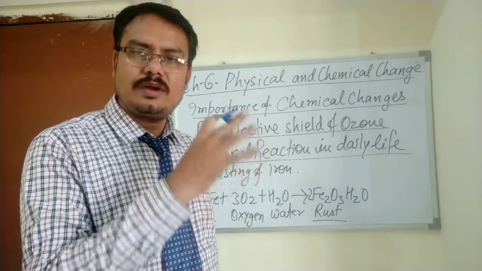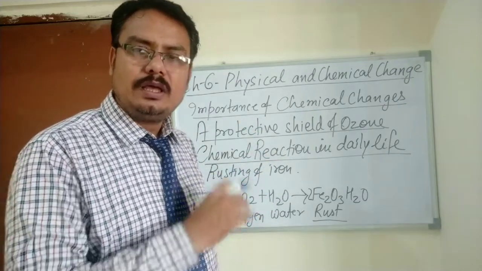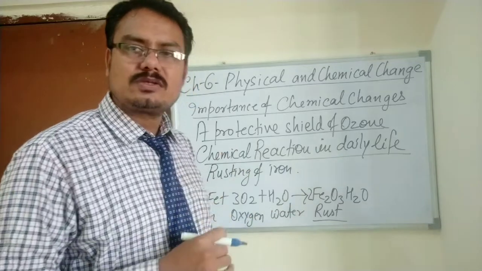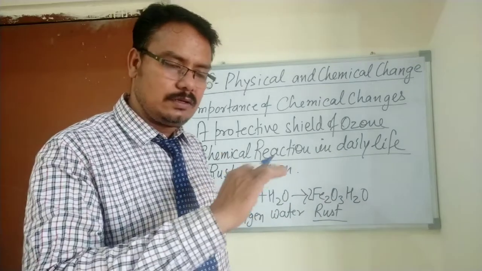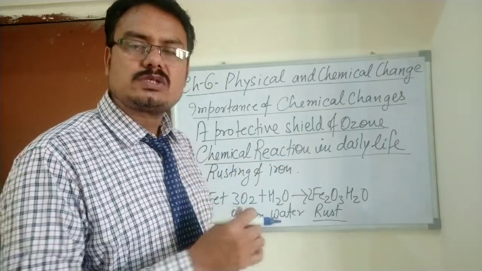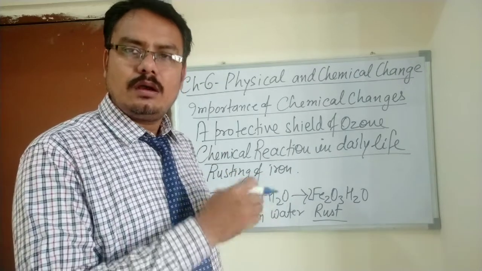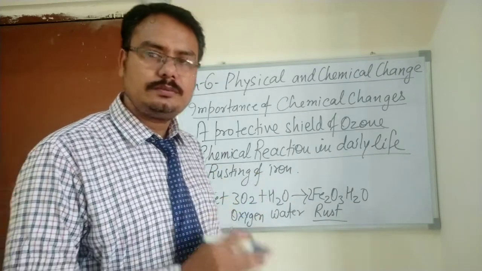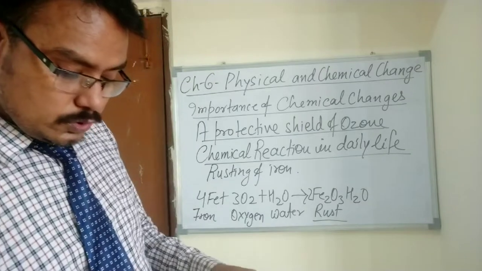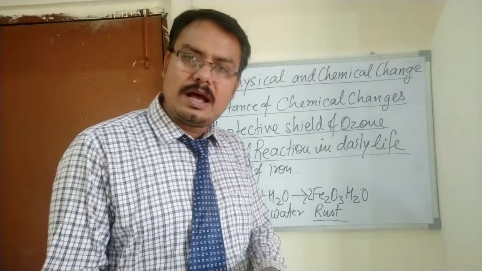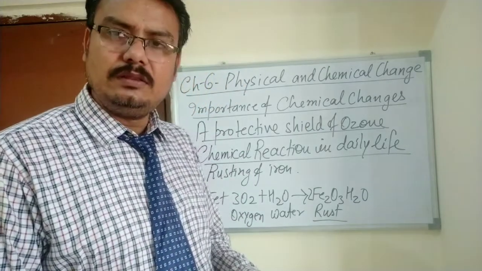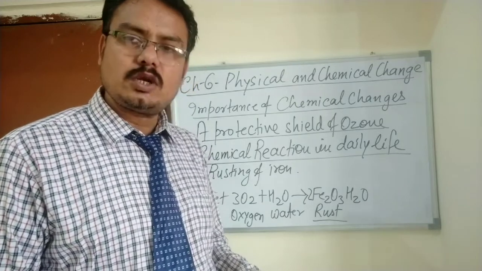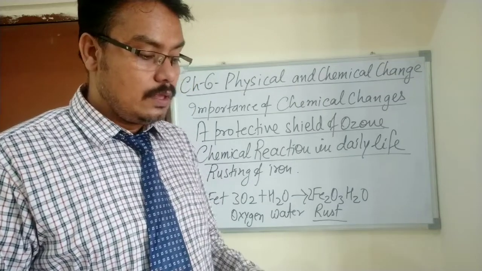When moist air comes in contact with that iron object, rust appears on it. This method is called rusting. Okay student? So this is also a chemical reaction. I think many of you have seen rusted objects.